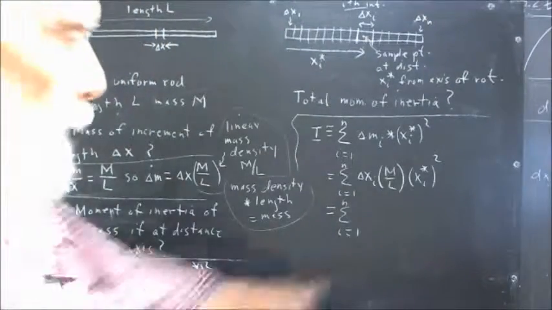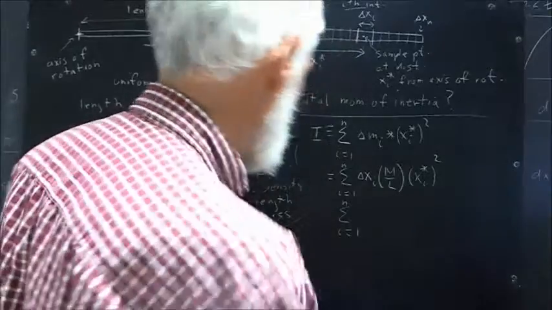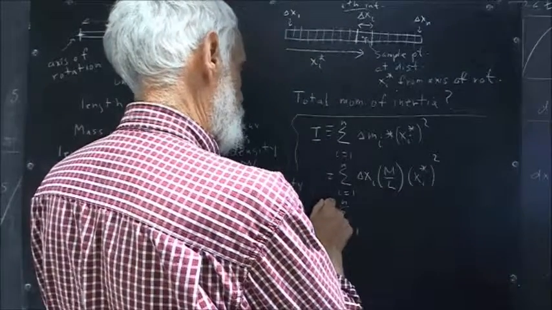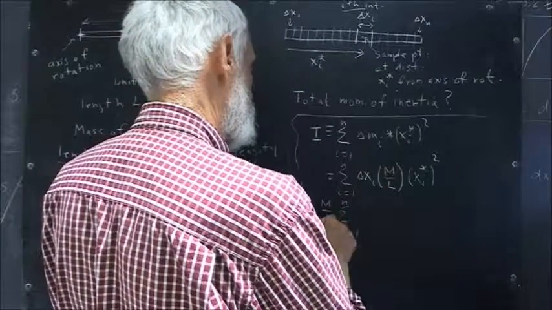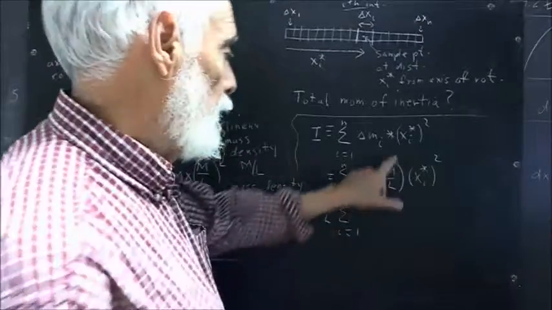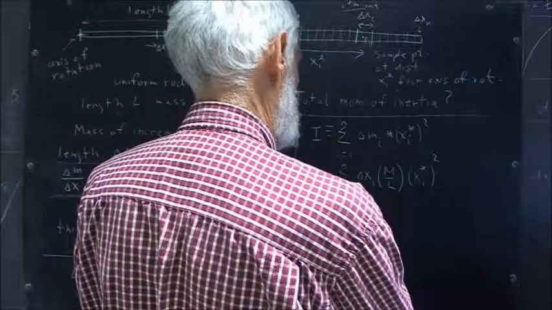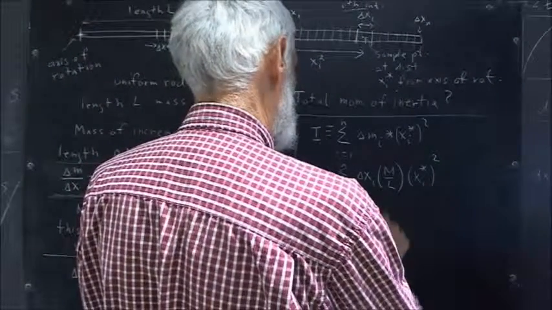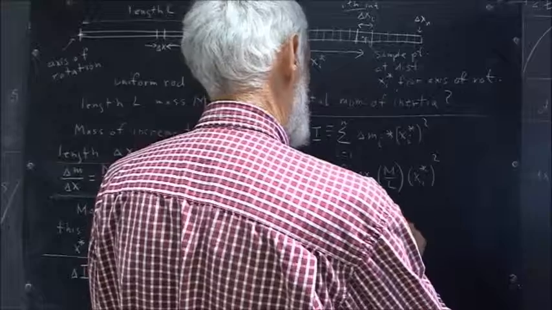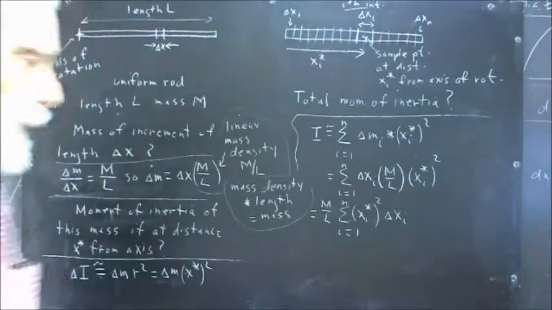Okay, so let's see, m over L is constant. Shouldn't have written my equal sign so readily. So we're going to have m over L times the sum. We can factor out the m over L from every term of xi star squared times delta x sub i.